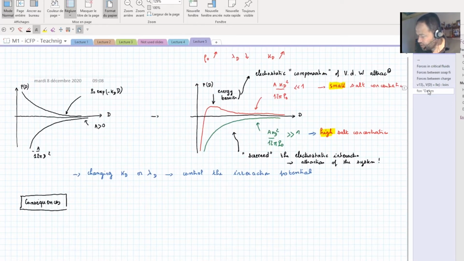Well, one of the consequences, to come back to David Quéré's lectures, you had discussed with David the stability of soap films.